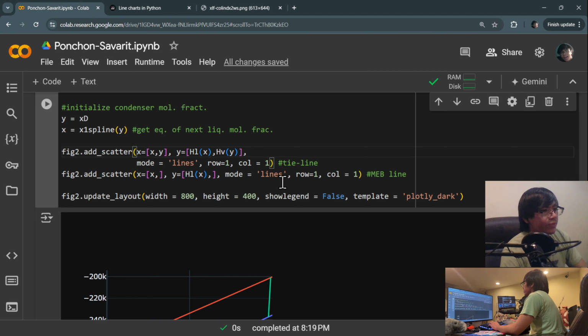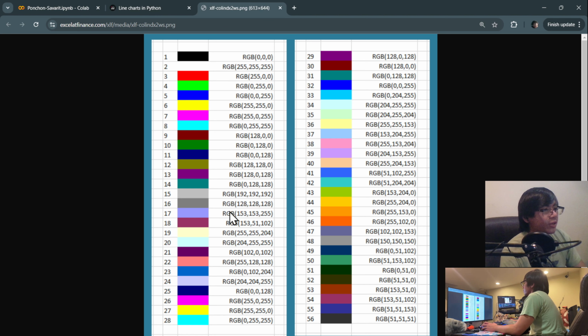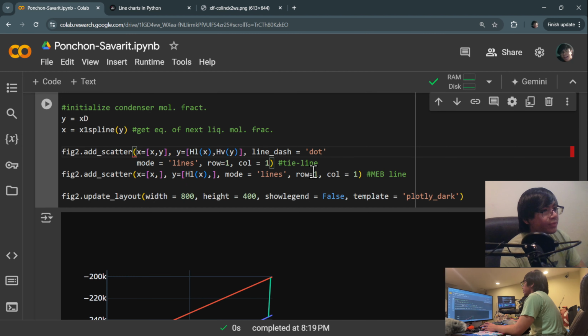Dash equals dot, so we have a line, it's line dash. I like the dash. It just showcases how it's different since we're going to have multiple lines on this. So dot, and then let me pick my RGB color I want. I think we want to do green, right? So maybe this green, 51, 153.